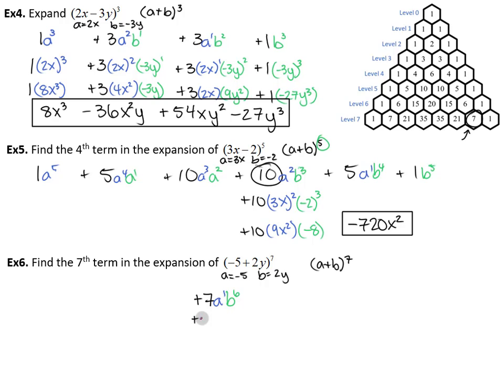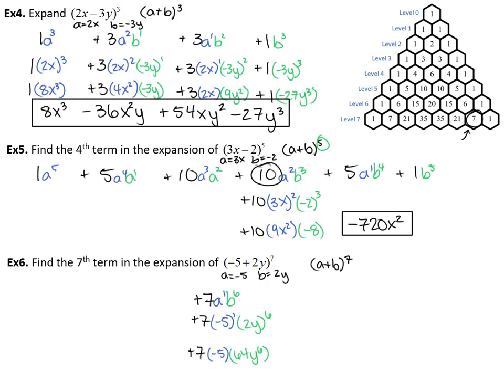Let's do our substitution. So substituting in -5 for a, -5 to the 1st, and plugging in 2y for b, 2y to the 6th. So calculating these things, -5 to the 1st power will stay -5, but for 2y to the 6th power, 2 to the 6th power is 64, y to the 6th.